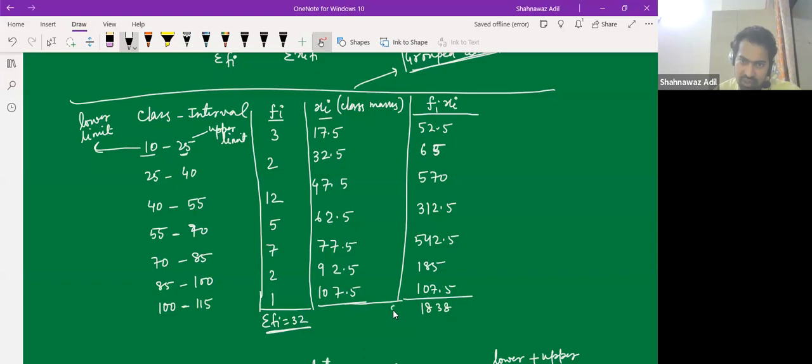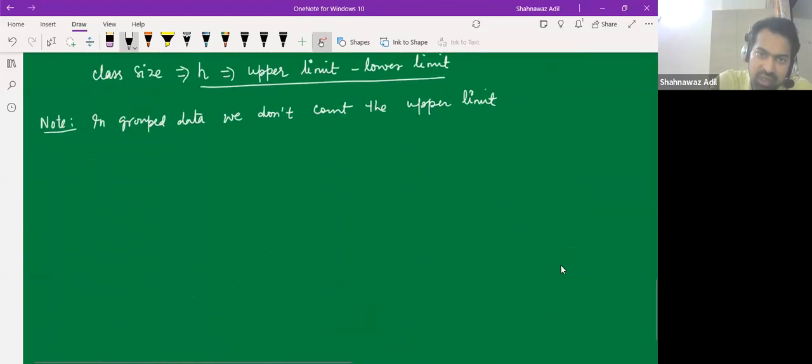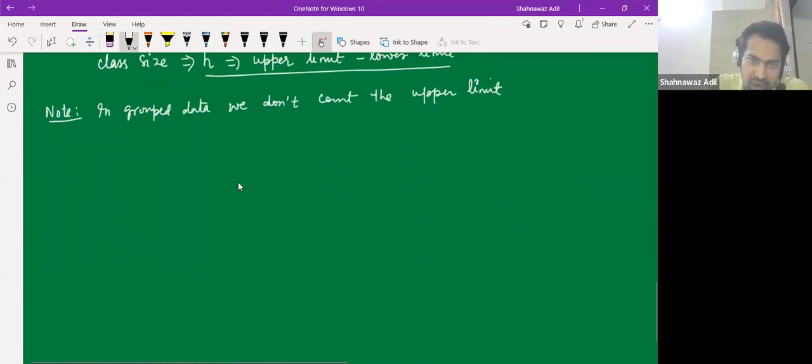And this is what? This is the summation of fixi. Okay. So now we can calculate the mean of this grouped data, right? As you guys already know, the mean is represented by x bar, and we calculate it as summation fixi divided by summation fi.